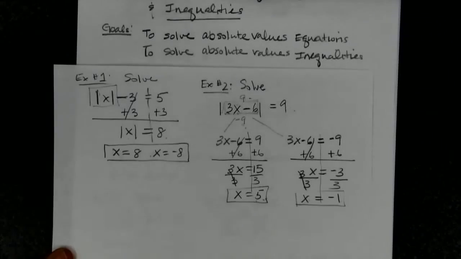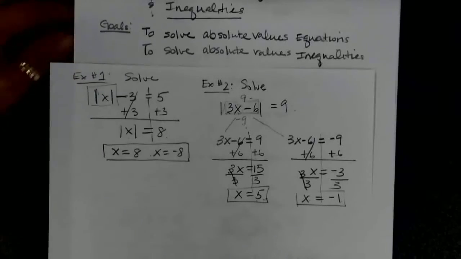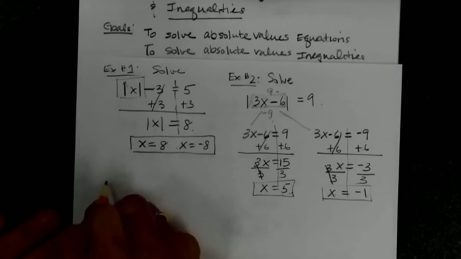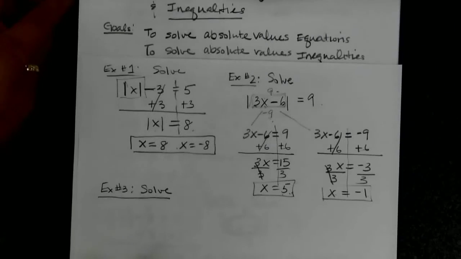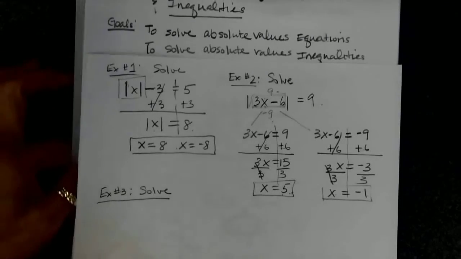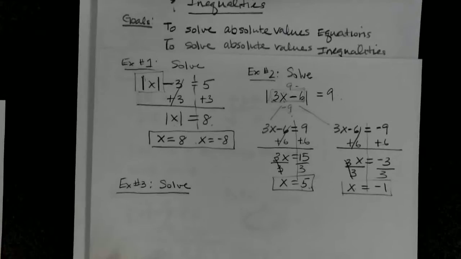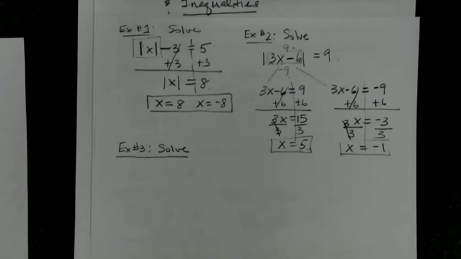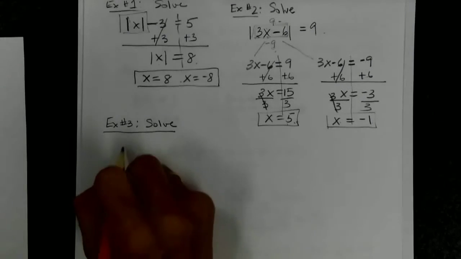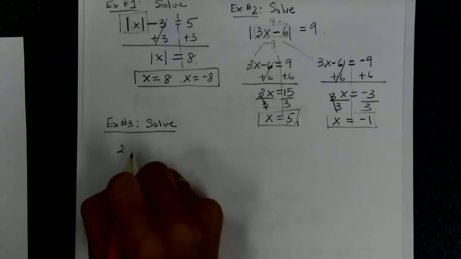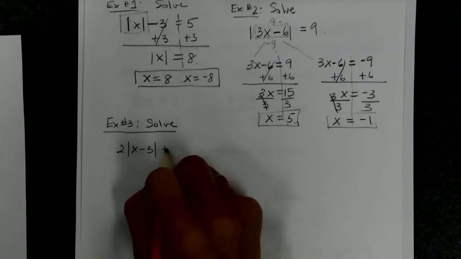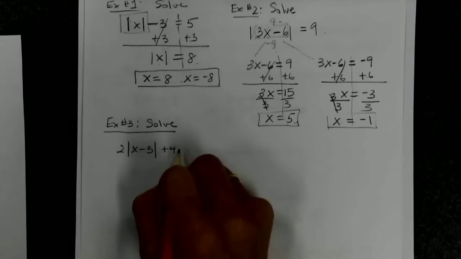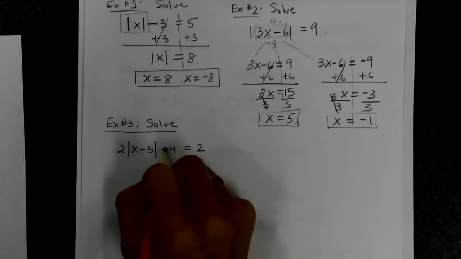In example number 3, we're going to solve, and I'm going to make it even a little more complicated. This time I'm going to say 2 times the absolute value of x minus 5, plus 4, is equal to 2.